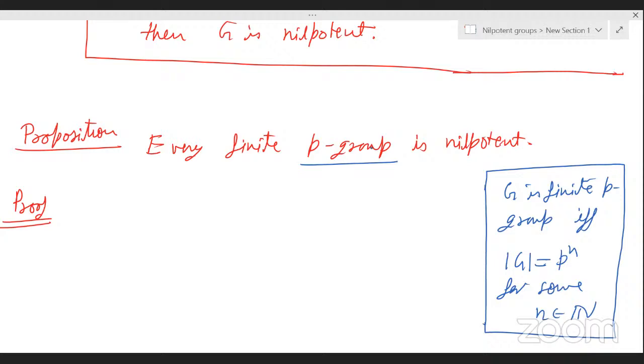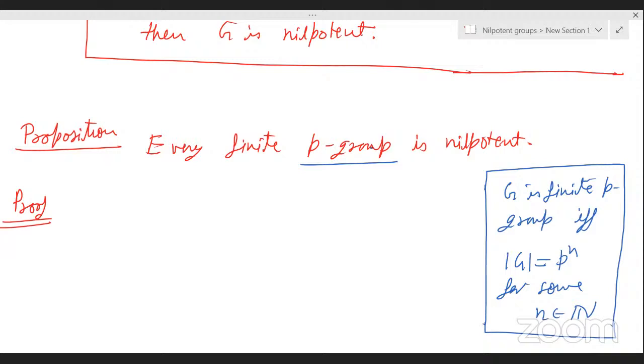Because if it is not P to the power n and some other prime Q is involved in it, then by Sylow's theorem, in that finite group there will be an element of order Q. And that is not possible because the group is a P group. So if you have a finite P group, then its order will be P to the power n for some n.